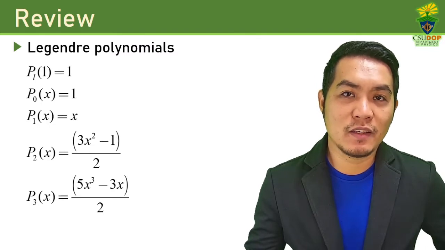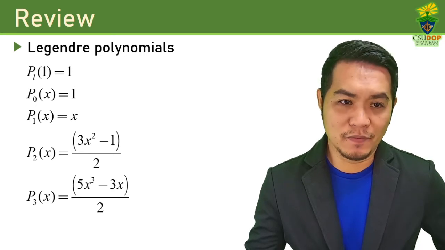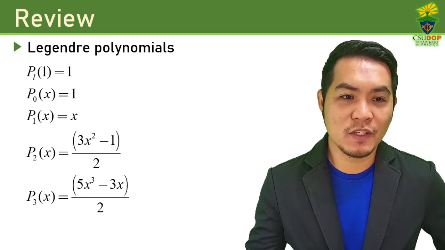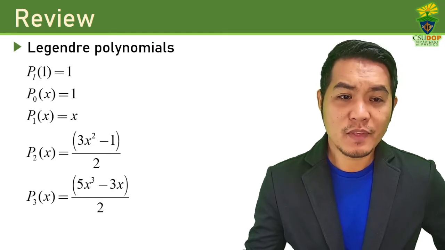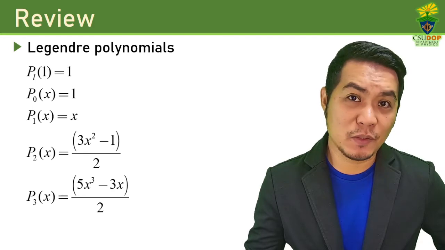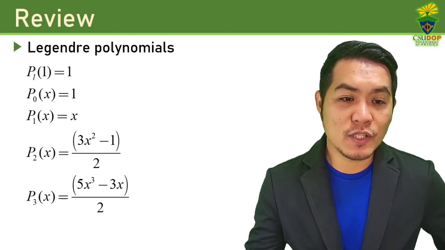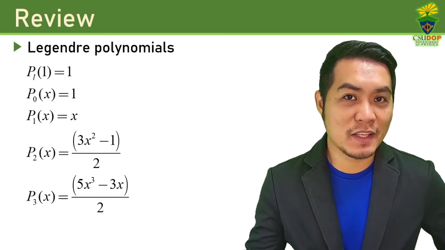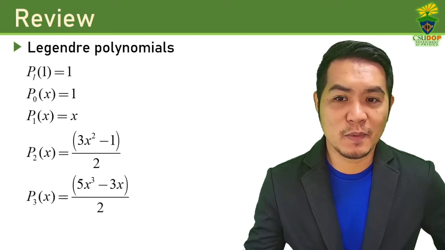So 1 will be P0, cosine theta will be P1, and 3 cosine squared theta minus 1 over 2 is P2. And 5 cosine cubed theta minus 3 cosine theta over 2 is the P3 of cosine theta Legendre polynomial.